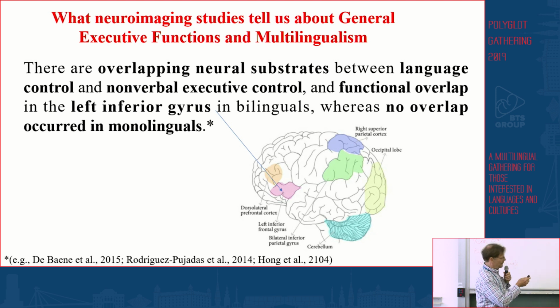So here you see overlapping neural substrates between language control and nonverbal executive control, and functional overlap in the left inferior gyrus in bilinguals, where there's no overlap in monolinguals. So we see a difference in the structure of the brain between a monolingual and a bilingual. So if you're really proficient in, let's say, 3, 4, 5, 10 languages, obviously the structure of your brain is going to also be quite different.